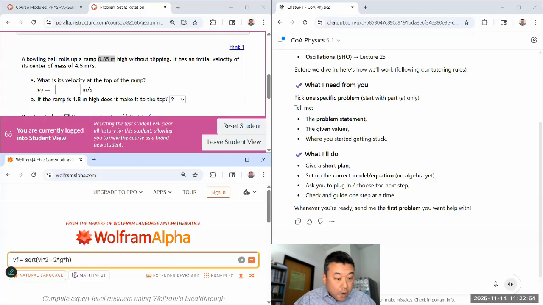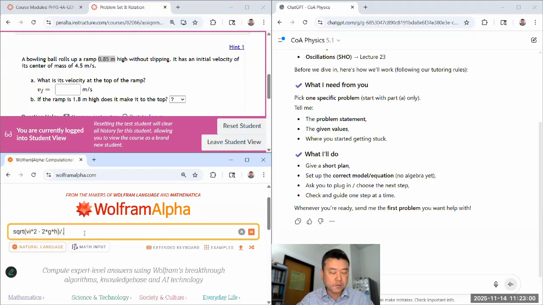I wonder if I can use the Wolfram syntax. Mathematica has a replacement syntax that looks like this. This is the instruction saying what follows are the substitution rules, and the substitution rules are vi is 4.5.